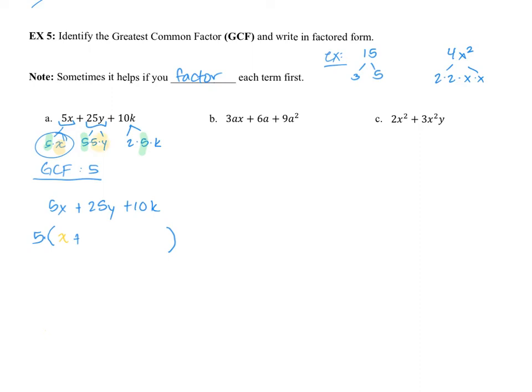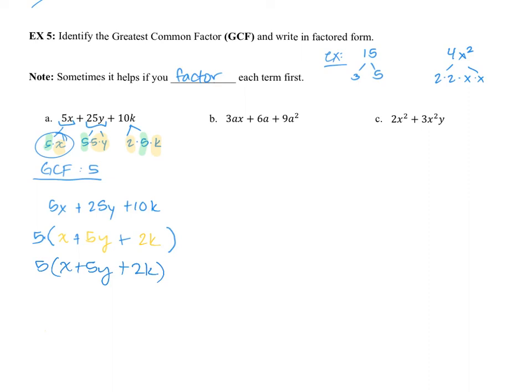And for the last term, if I factor out a 5, what's left over? The 2 and the k are left over. So we'll just go ahead and write what's left over, which is the 2 and the k. And there we go. We have found the greatest common factor and factored it out as well. And then we write the remainder on the bottom.